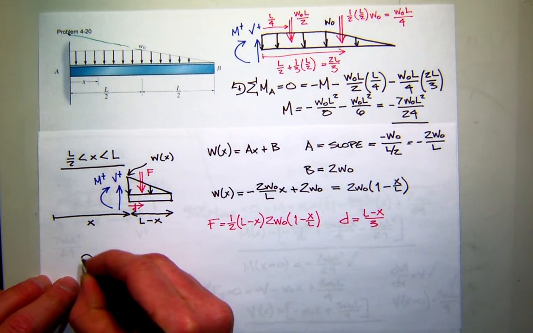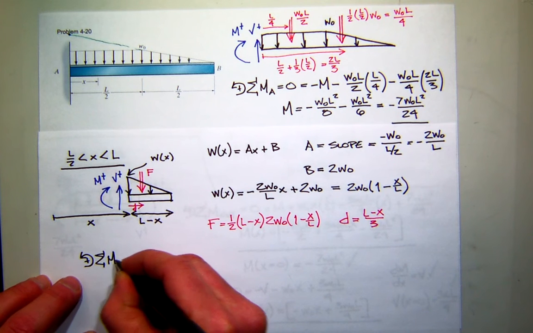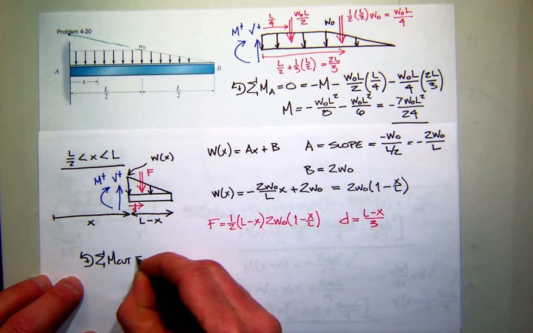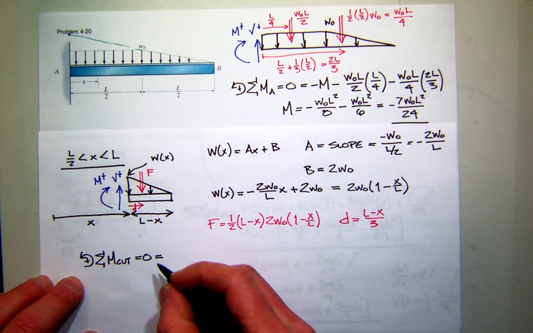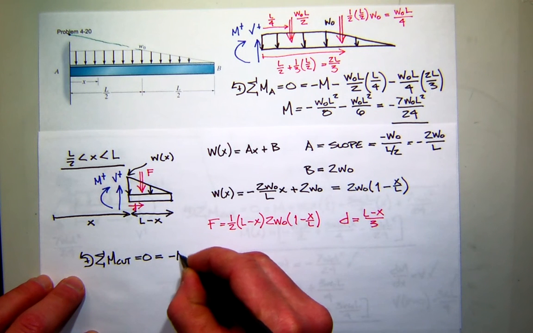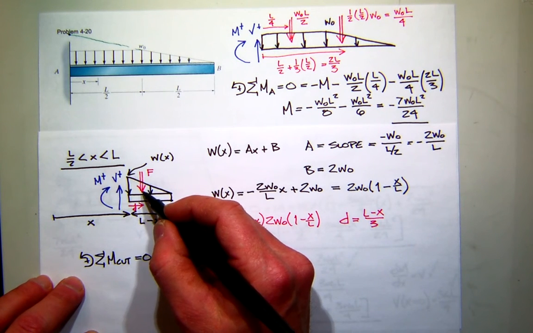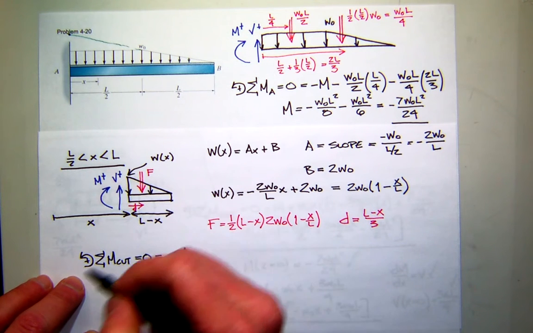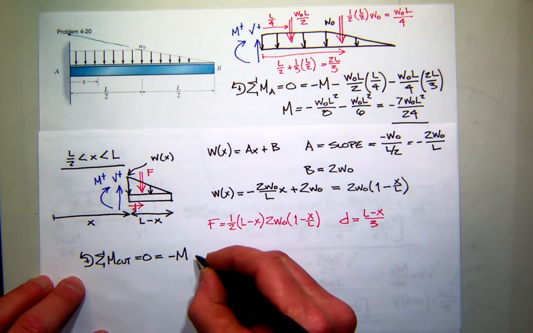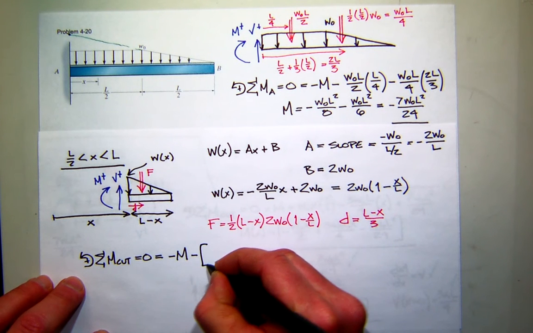So now if I sum moments about the cut and set them, make sure they're in equilibrium, let's see what we have. So starting here, this moment is negative. I only have one force, right? F. And it's creating what kind of moment? Negative. So F is, I'll put it in brackets.